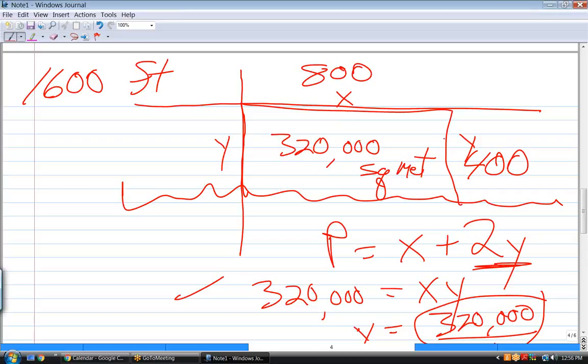This is only for three-sided rectangles. If it's a four-sided rectangle, it's always a square that maximizes it. But if it's a three-sided rectangle, you maximize the area by making the length twice the height.